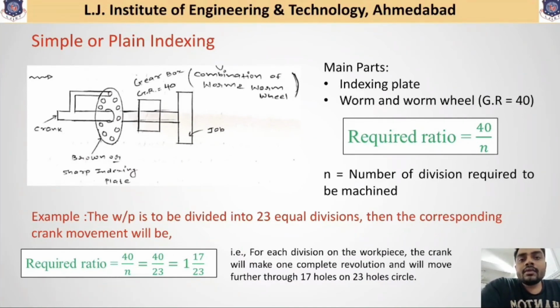Due to the available gearing ratio of 40:1, the motion is transmitted from the crank to the workpiece and the final rotation is obtained. And how the division can be obtained, we have also seen in the case of simple or plain indexing. You can try more examples and it will be easy for you to understand this simple or plain indexing method.